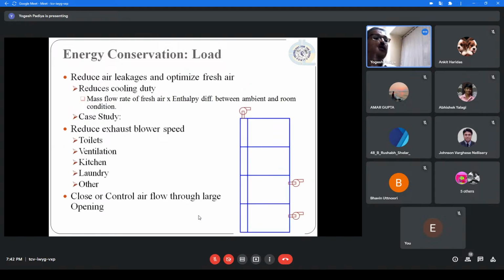Now, I just wanted to give you a case study from one of my audits. I found a building of 3, 4, or maybe 7 floors. On the top, I found they have one exhaust fan, right?